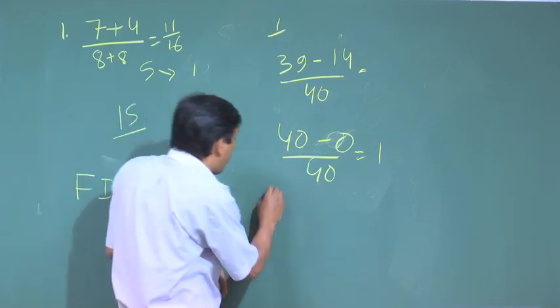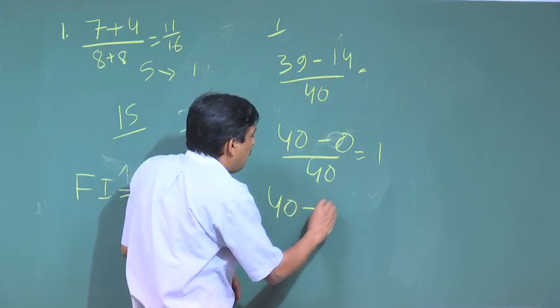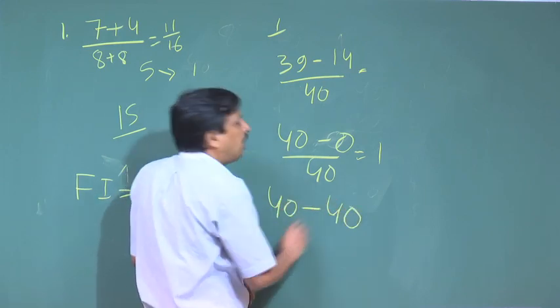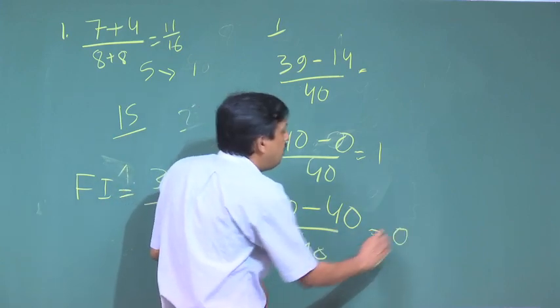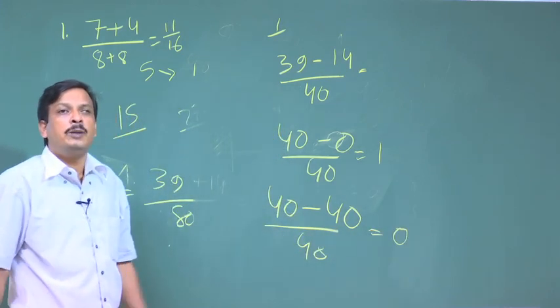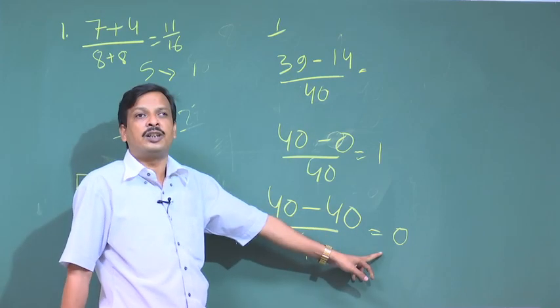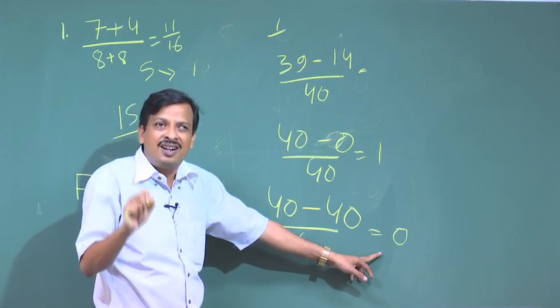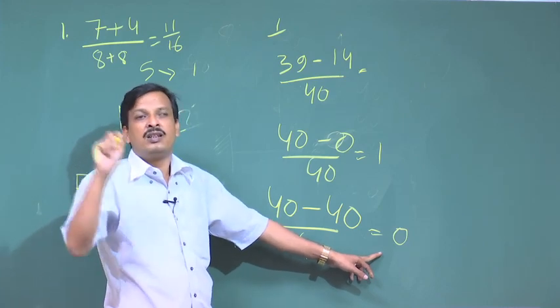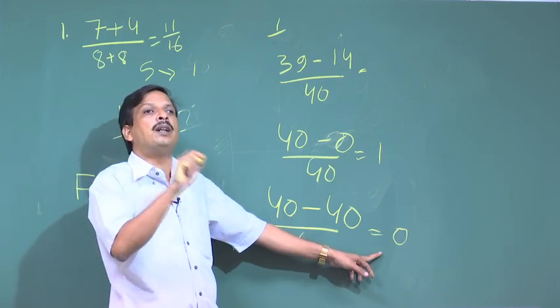When all upper group students and all lower group students also give the correct answer, divided by 40, it will be 0. So, if a test item's DI is 0, that means this test item does not discriminate the good students from the bad students.